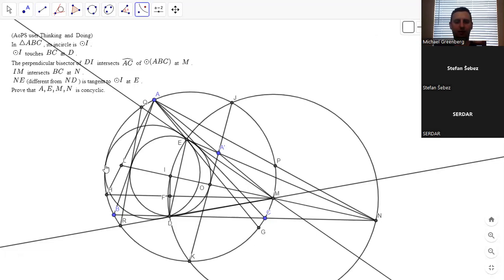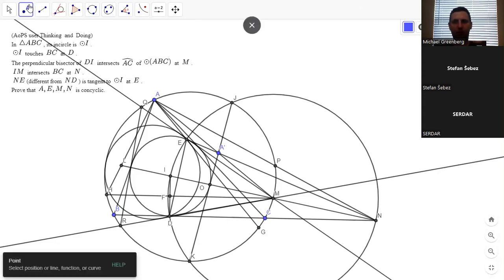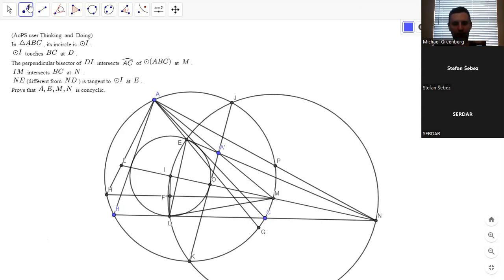Interesting. It is some Peru problem, I think, from some TST. But then that would eventually prove that this is tangent to the incircle. Okay, I'm just going to assume that's true for now and see what that gets.